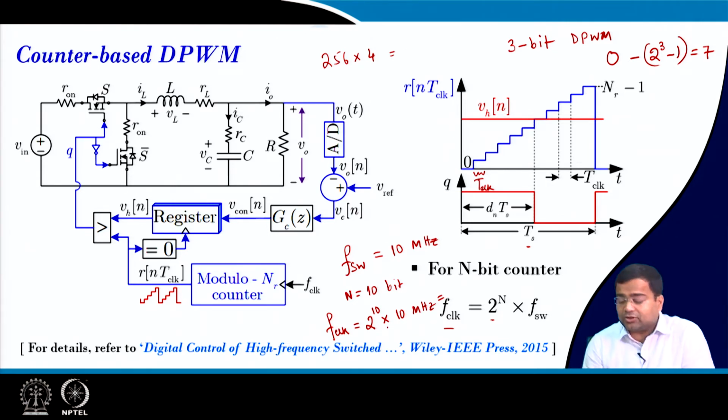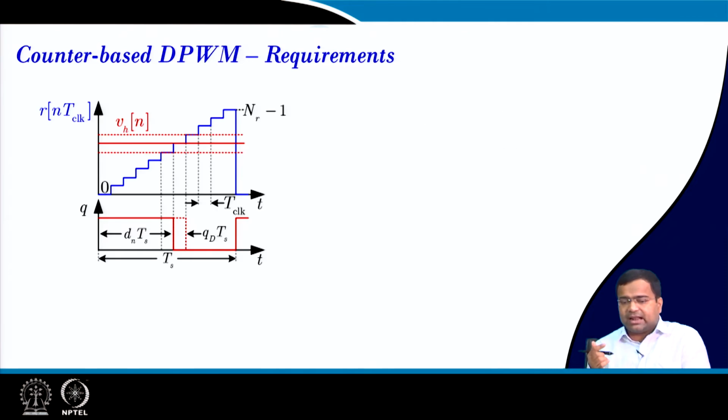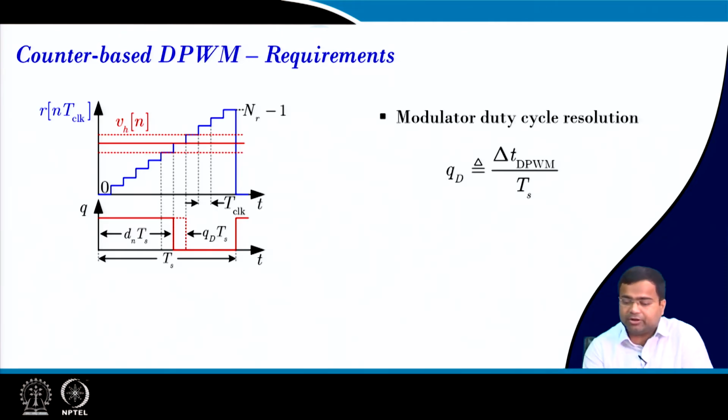So it is almost 10 gigahertz, which is practically impossible. That means the requirement is that you need to meet a minimum resolution, because the resolution of this DPWM will define the resolution of the duty ratio.